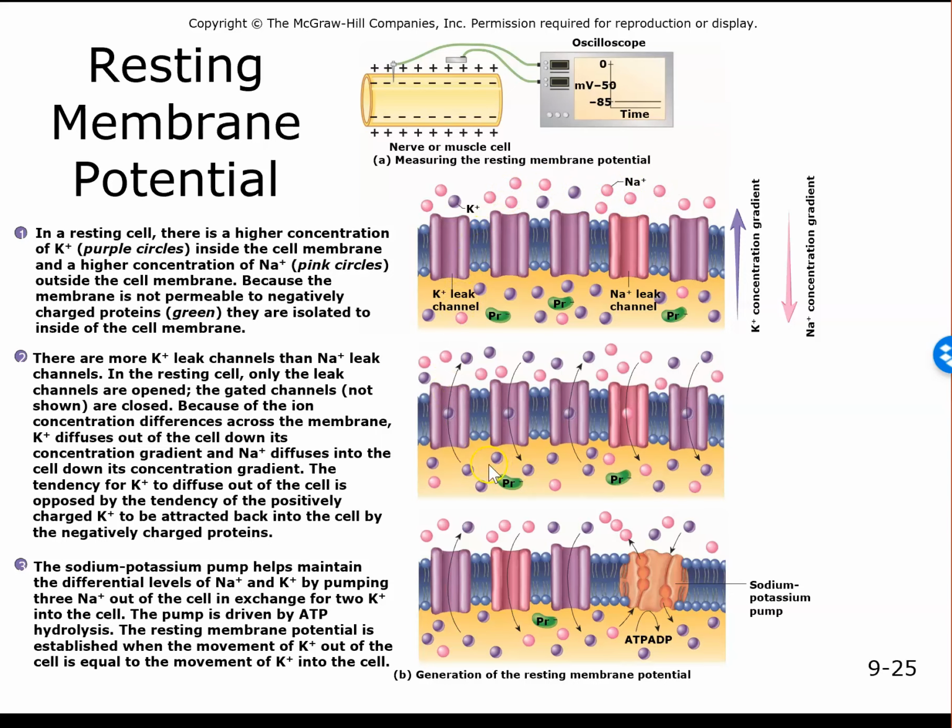Notice how there are more potassium leakage channels than there are sodium leakage channels. And you could see that each of these ions, whether it is potassium or sodium, they're always going to flow in the direction of their concentration gradient.